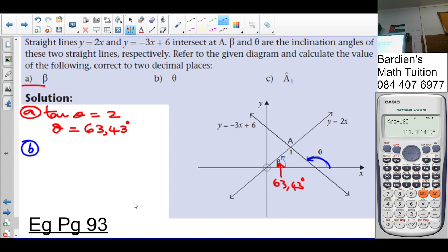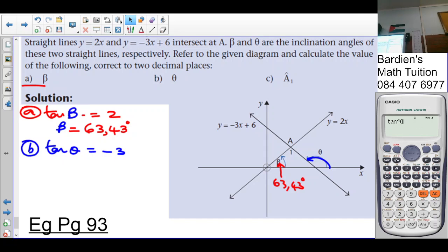So you're saying tan of theta equals negative 3. Actually, I made a mistake here. That's supposed to have been beta. The tan of beta is equal to negative 3. Work out that angle quickly. Your arctan of negative 3 is negative 71.56.